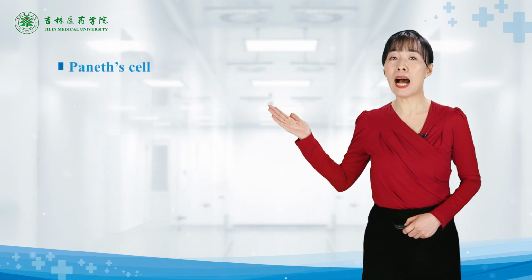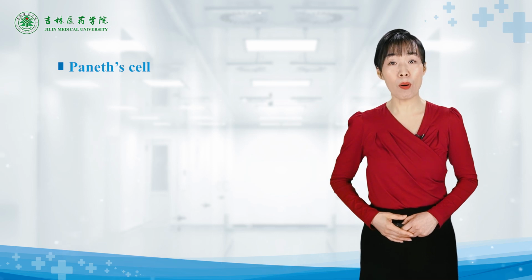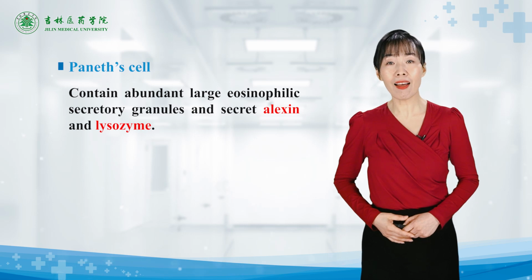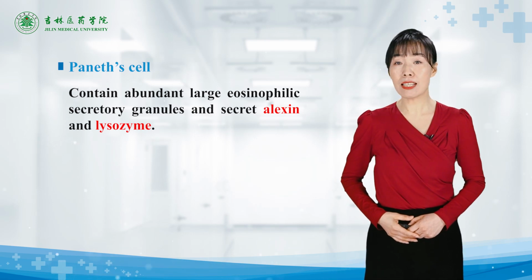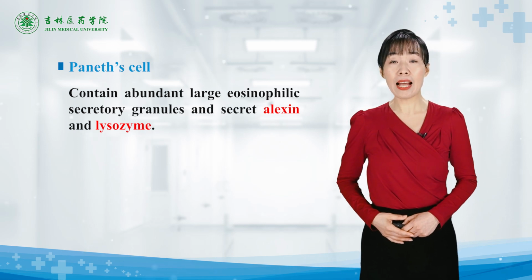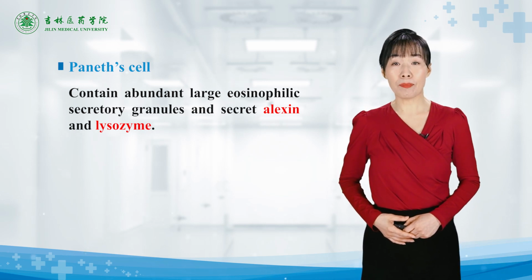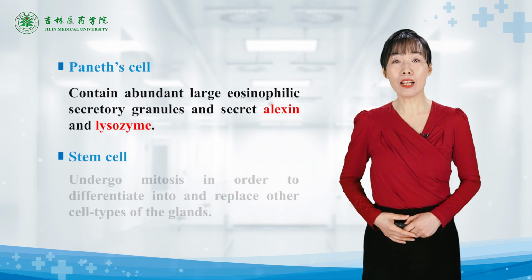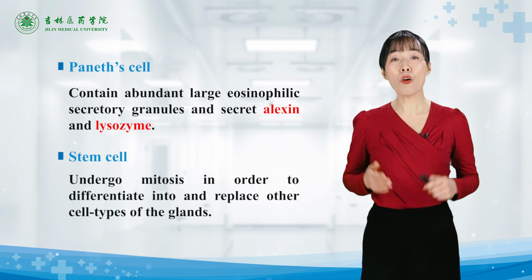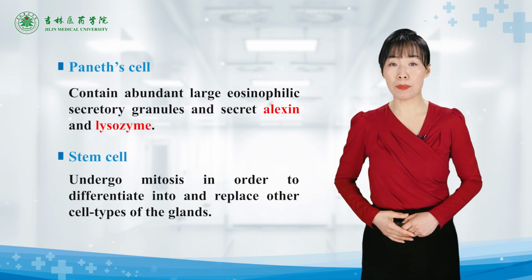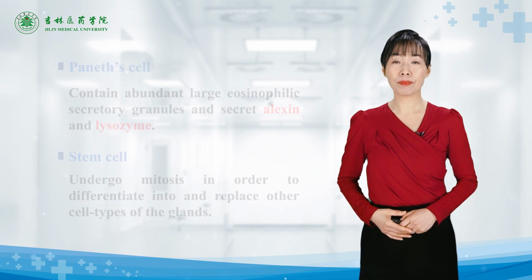Paneth cells are specific cells of the small intestine gland, contain abundant large eosinophilic secretory granules, and secrete alexin and lysozyme, which are involved in defensive functions. Stem cells undergo mitosis in order to differentiate into and replace other cell types of the glands.